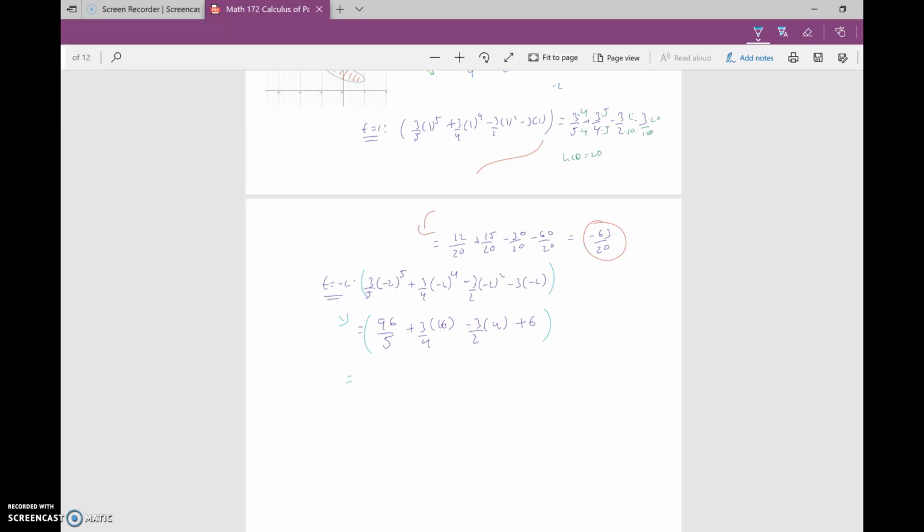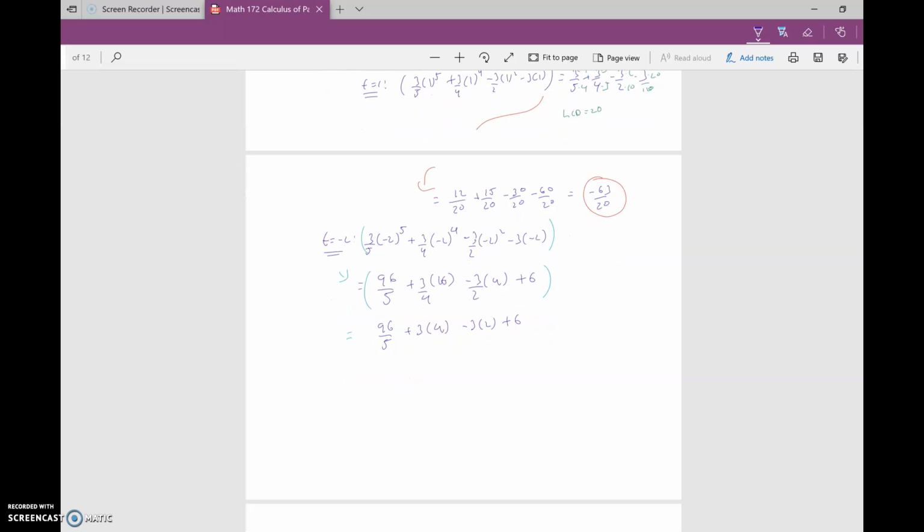So this gives us 96 fifths plus 12 minus 6 plus 6, which is just 96 fifths plus 12.